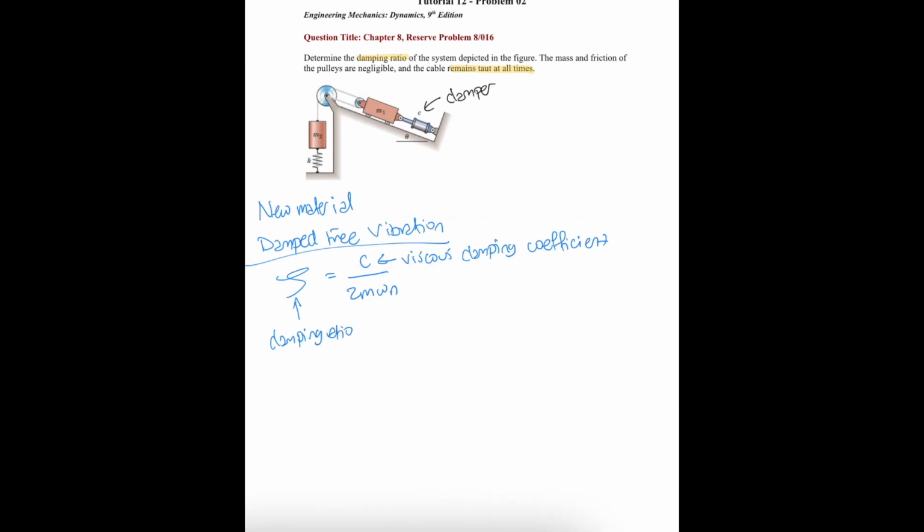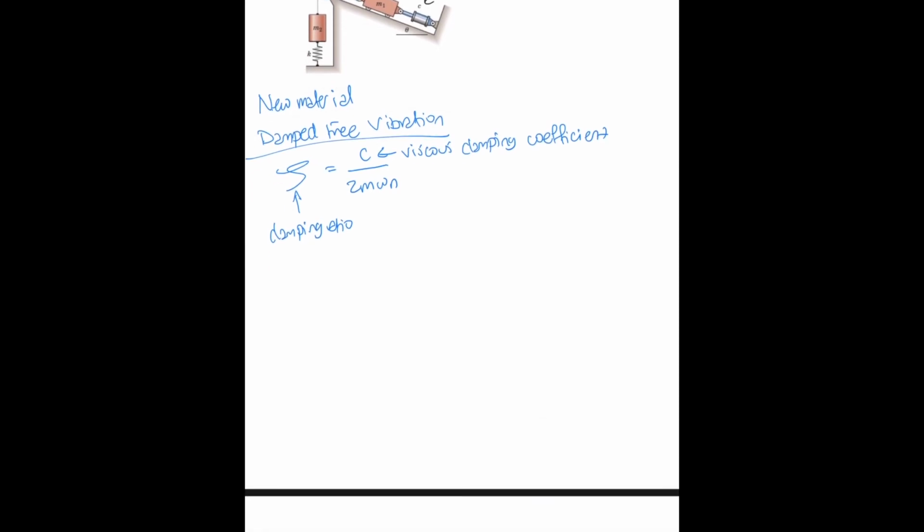Our simple harmonic motion equation is going to be x double dot plus 2 zeta omega n x dot plus omega n squared x equals 0. This is what we're going to try to fit our system into if we have a damping coefficient.